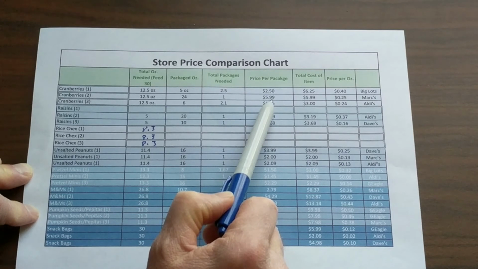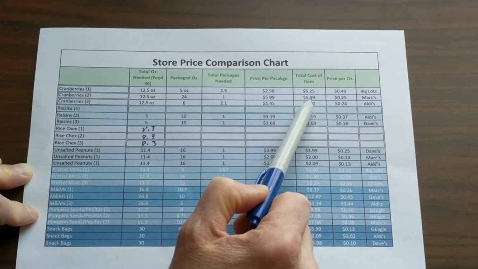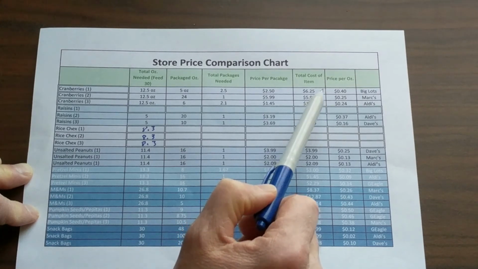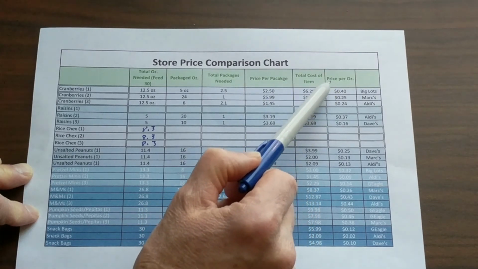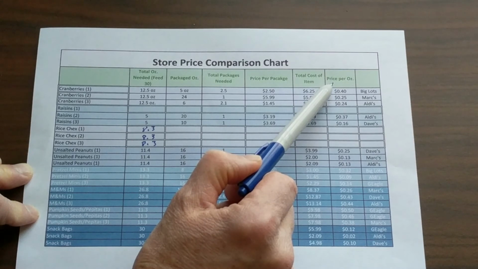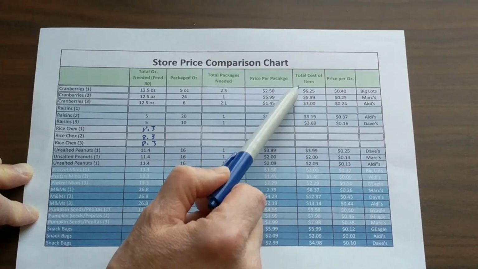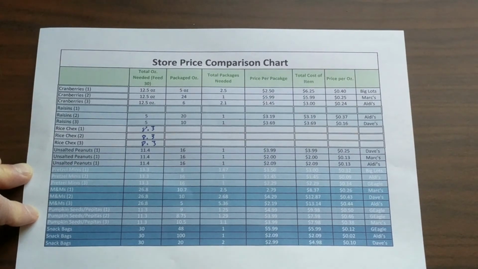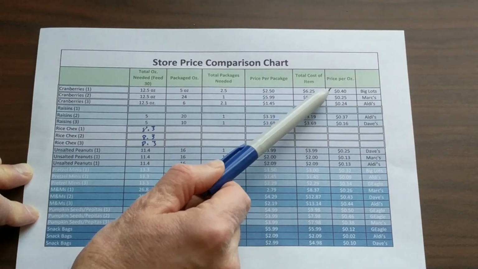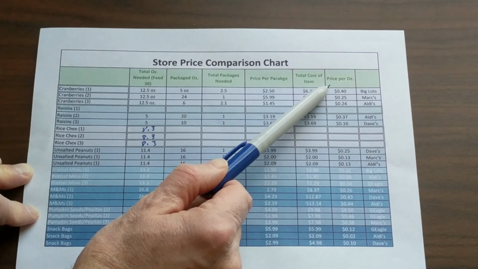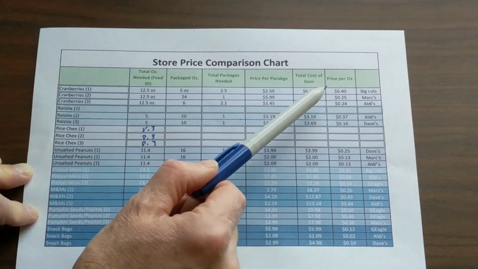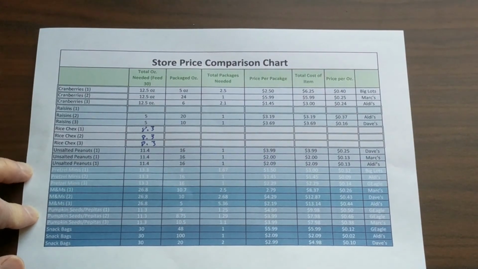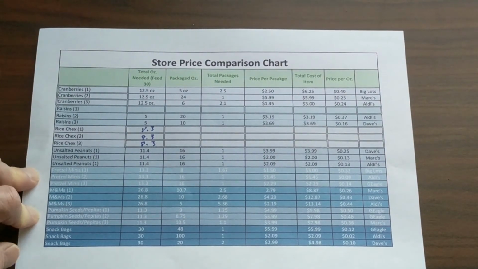It was $5.99, so the cost that we would pay would be $5.99 because we'd buy 1 package. Also, we can look at the price per ounce, because it's not all just the cost of the item. You have to know how much you're getting for that cost. So this is the value, the price per ounce. Looking at these, this will help us to find which store might offer the best value for our buy.